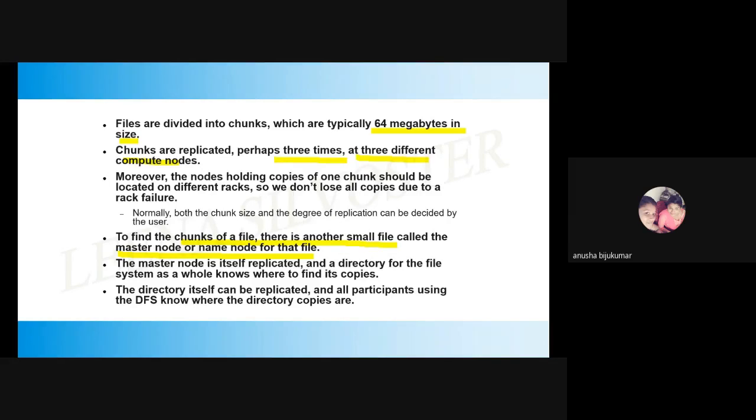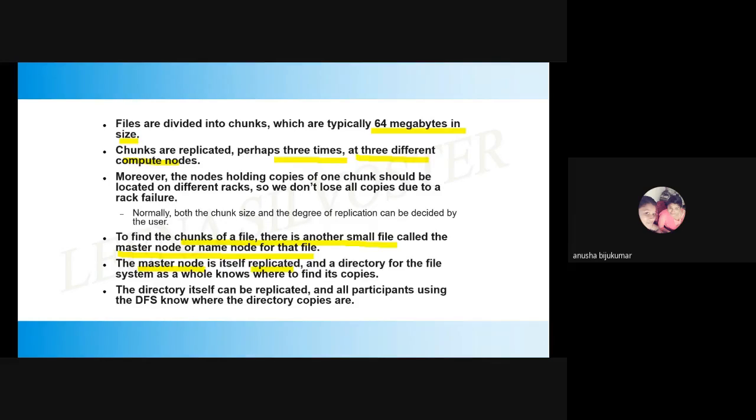Again, in order to avoid the loss of data, this master node itself can be replicated and the directory for the whole file system knows where to find its copies. Again, the directories may be replicated so that all participants know where the directory copies are.